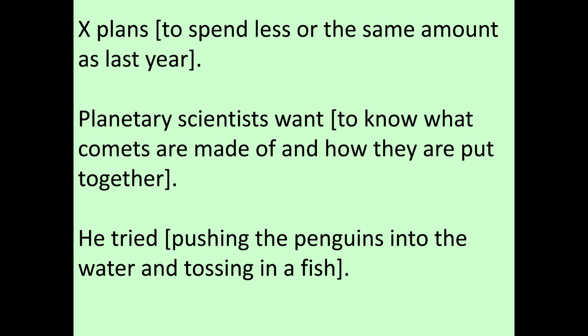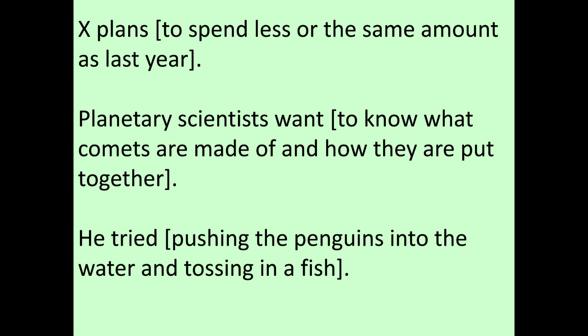And here are some more examples. The first one I'm just demonstrating to you, we don't even have to know who plans. If I just say to you, so-and-so plans, or X, some abstract entity plans to spend less or the same amount as last year, you know that the person spending less is the same X, right? Plans has that characteristic. Want also does that, not can, always does do that.